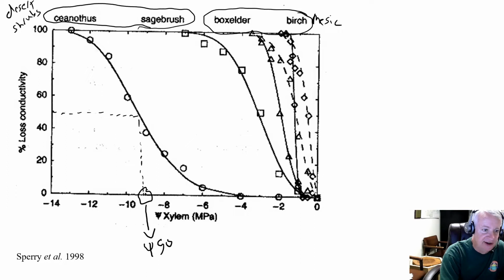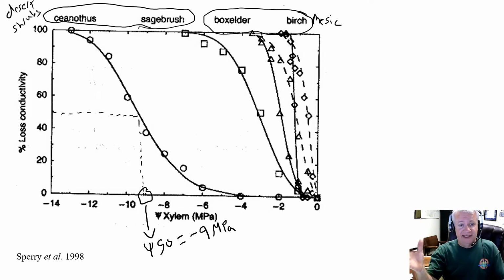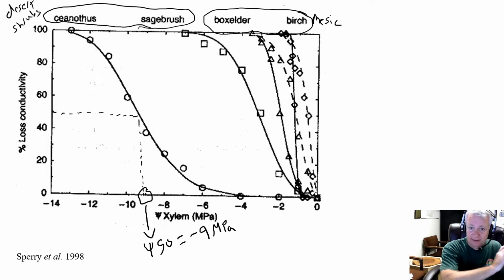So for ceanothus in this curve, psi 50 is negative 9 megapascals. Okay, so that's the characteristic of that curve. So what we can see is that the more mesic species are more vulnerable to cavitation, and the desert or xeric species are more resistant to cavitation.